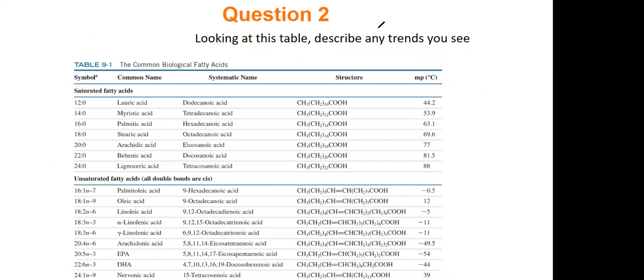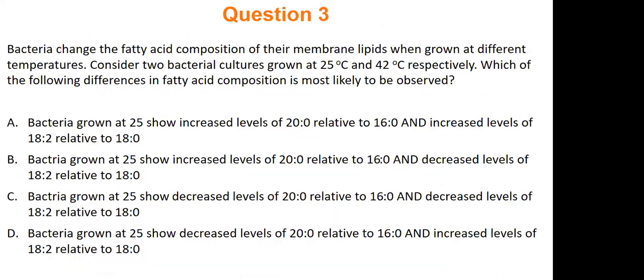All right. Moving on. This question's a little weird, so I want to explain it, then I'll pull up a poll that will have the answer. So bacteria, and we do this too, actually, can change their fatty acid composition of their lipid membrane depending on what temperature they're at.